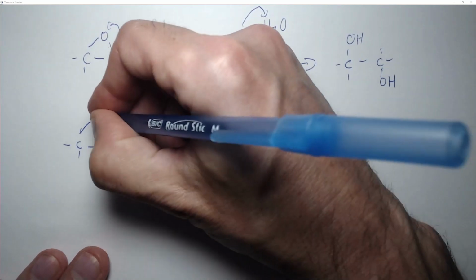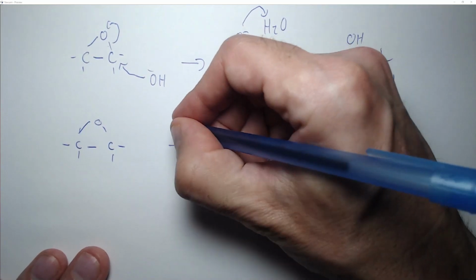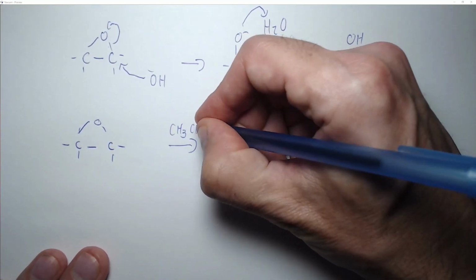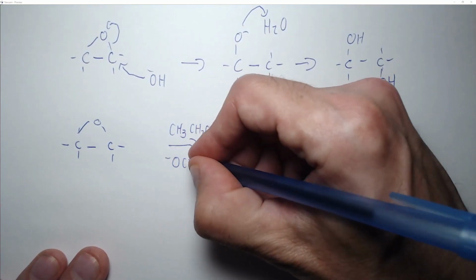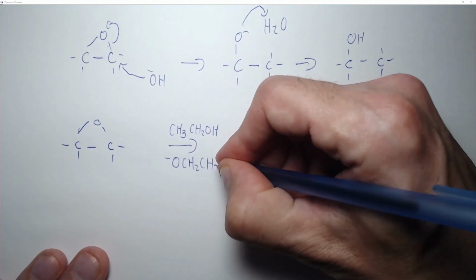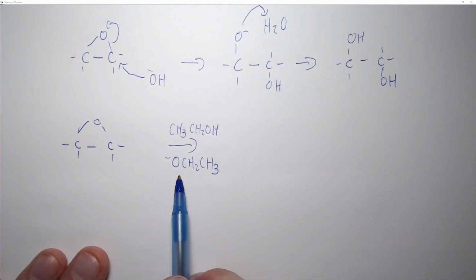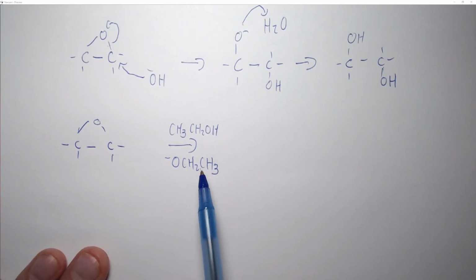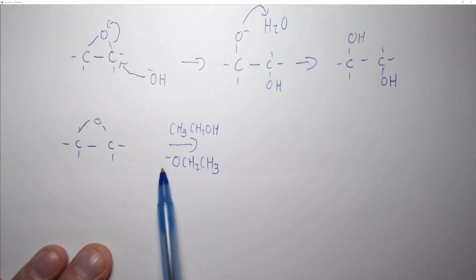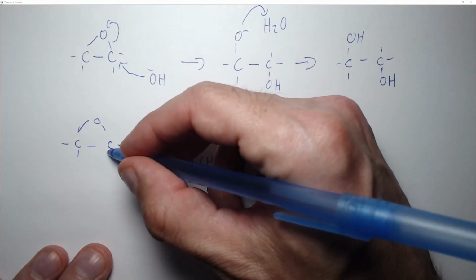It's just not OH, it's O carbons. So if we take ethanol, CH3CH2OH, in the presence of minus O, CH2, CH3, this deprotonated alcohol, now this is the base. This is very similar to using water and OH minus, except we're using the O minus of the alcohol here. This can then attack.